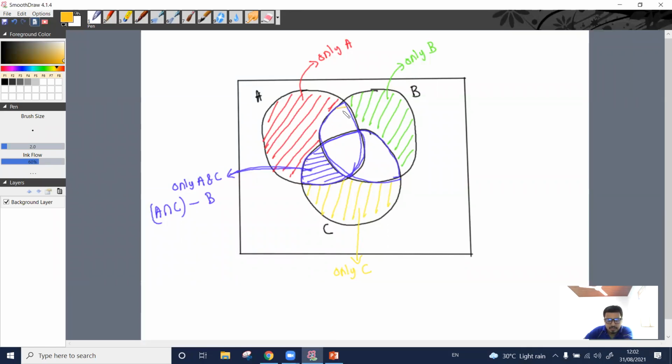Then what can you say about this? What is this area?